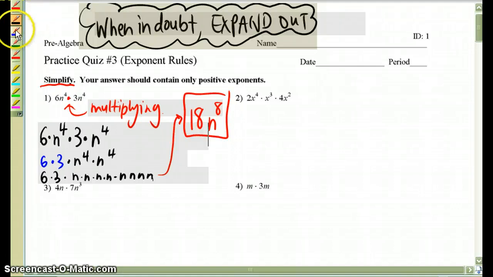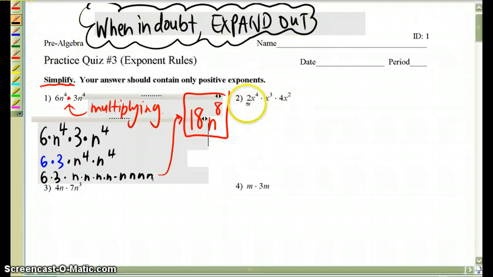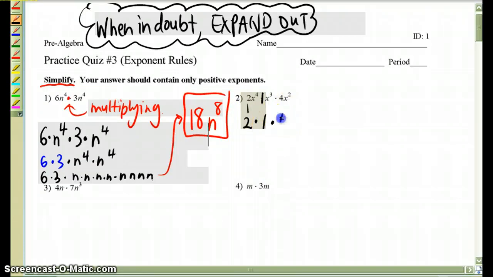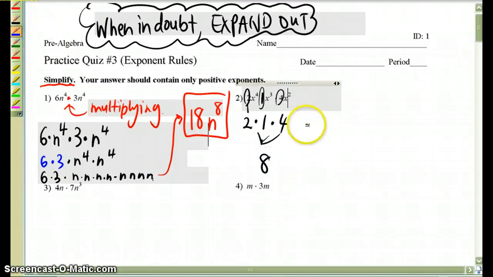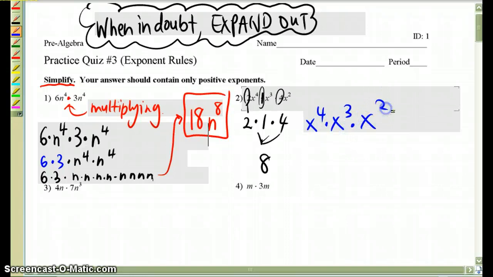Okay, so for number 2, I'm going to do it the other way without expanding it out. So I'm going to take the 2 and multiply that. There's a 1 here, times it by 1. Take the 4 and multiply that. So the 2 with the 1 and the 4, that makes 8. Then I'm going to take the x, so I have x to the 4th times x to the 3rd times x to the 2nd.